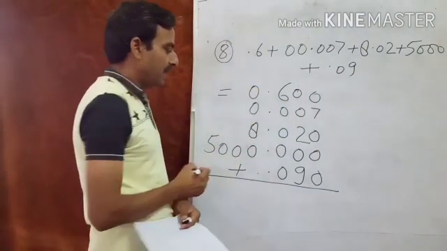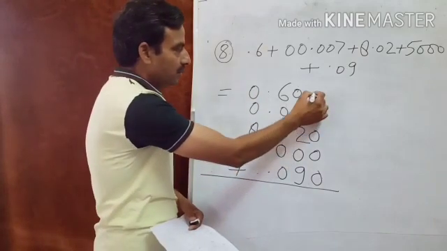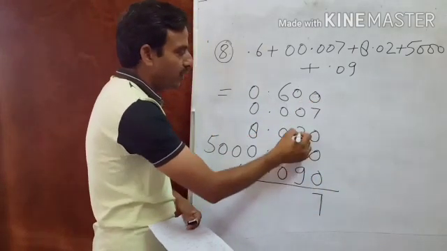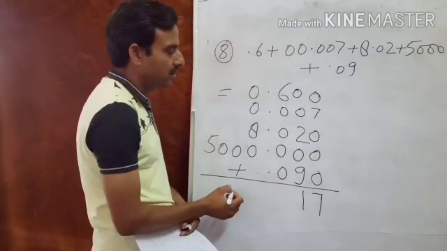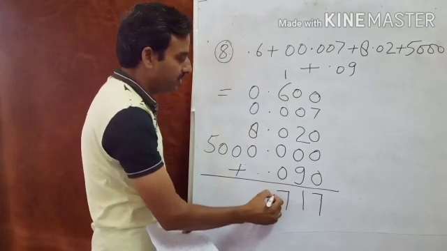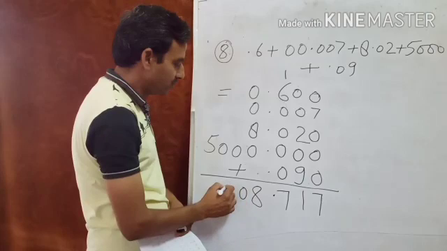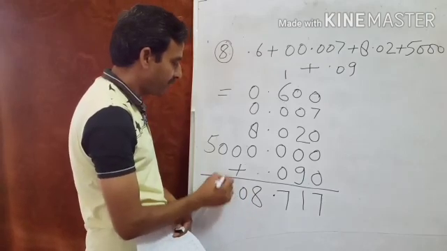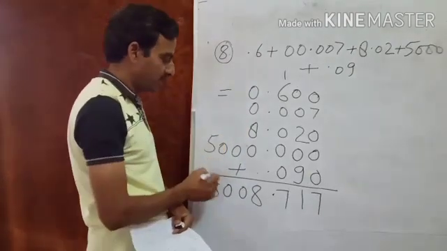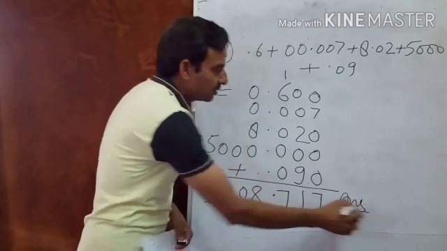Then I can solve that question easily. 7, 7. 9 and 2 is 11, 1 carry, 6, 1, 7. Point. 8, 8. 0, 0. 5, 5. If there is nothing to add, we just write it down. We write like this. This is the exact answer of this question.